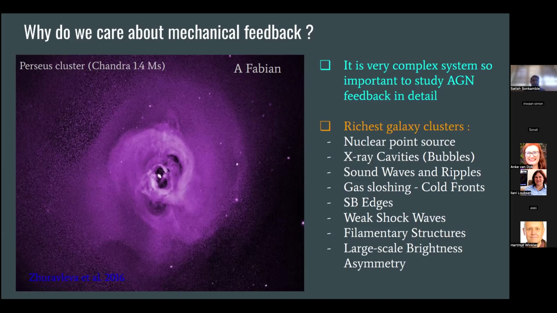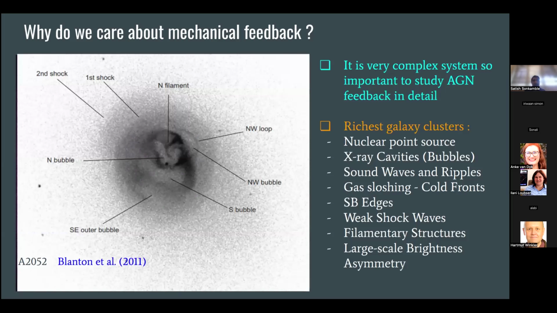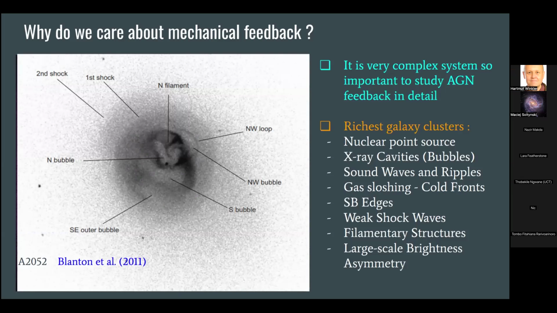There are tremendous features present in the system, and therefore it is very important to study the mechanical feedback. Also, this is another rich cluster, Abell 2052. It also shows complicated morphological features inside and outside of the cluster core. So this is one of the motivations to study the feedback.